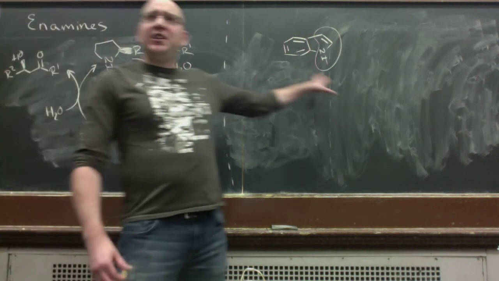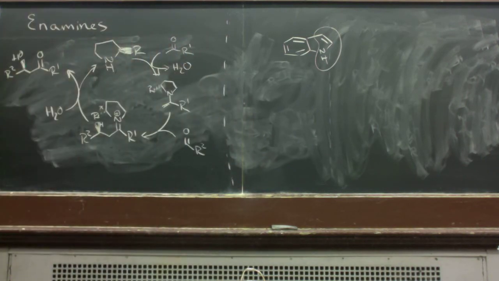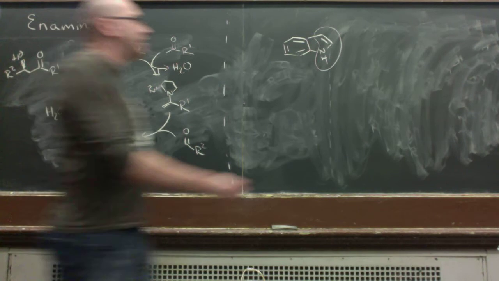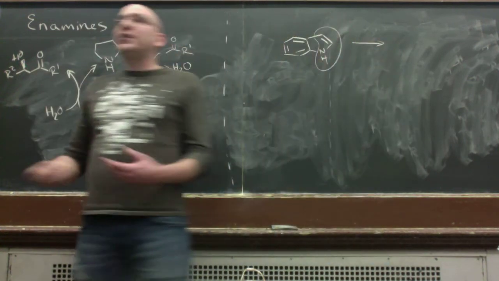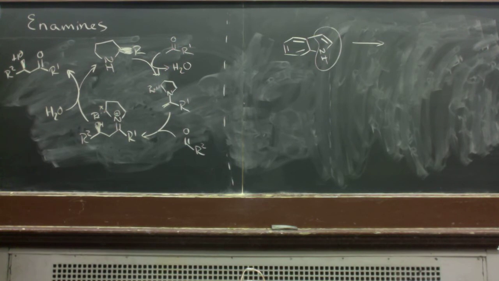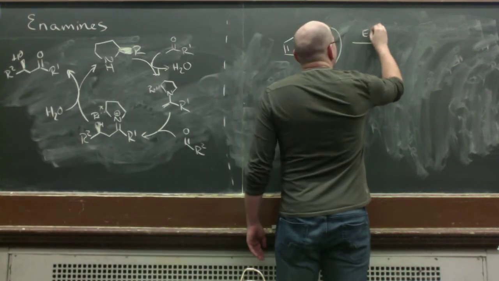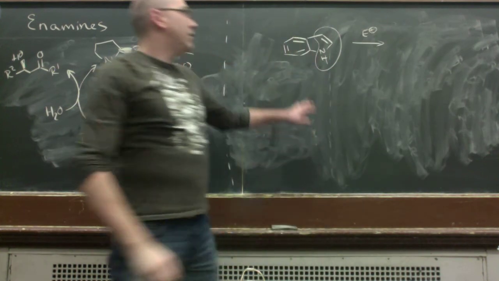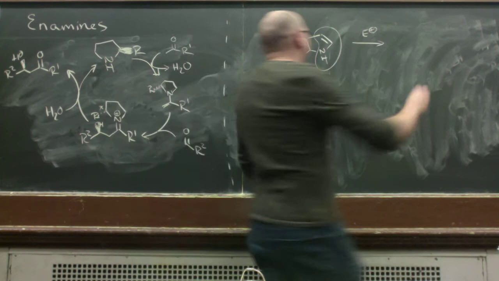But you can clearly see that built within that is that enamine. And so as you can imagine, taking these molecules and treating them with a variety of different electrophiles will actually react with these compounds, and they'll react in such a way where, as you might imagine, they're going to react at this position here.